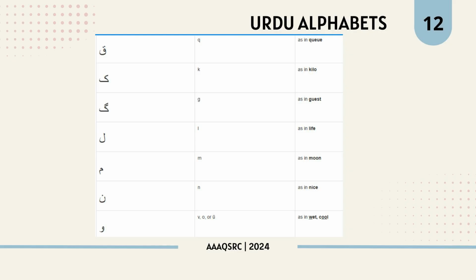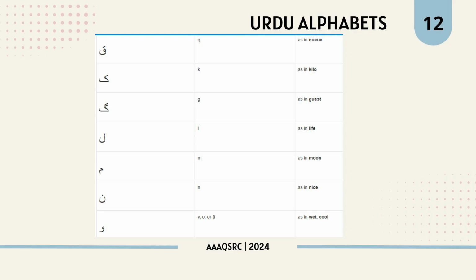Now the most awaited alphabet we have is toy. Toy is a pronunciation difference between to and ta. Like when you read Arabic Qaida for reading the Quran while you are learning Qaida, it's ta and to. It's the same in Urdu as well. It's called toy, but there is a difference in sound.